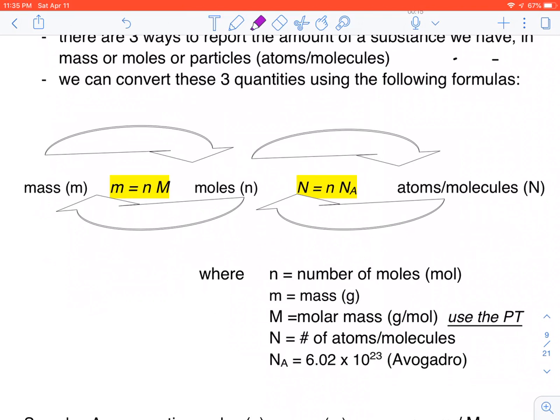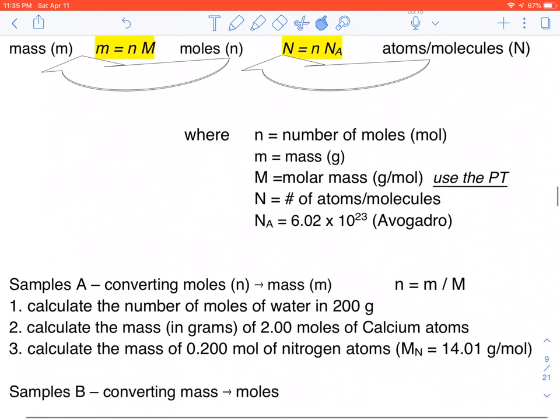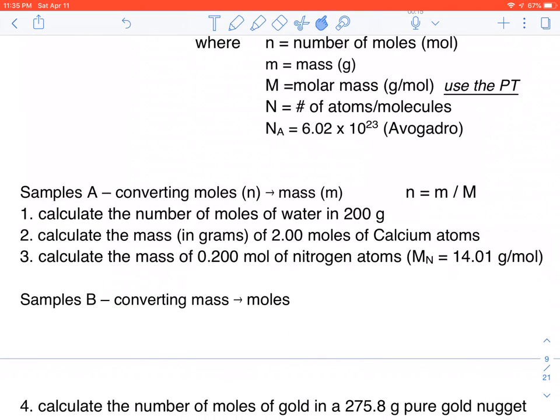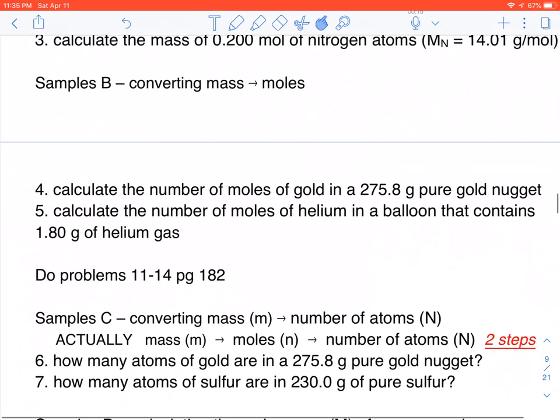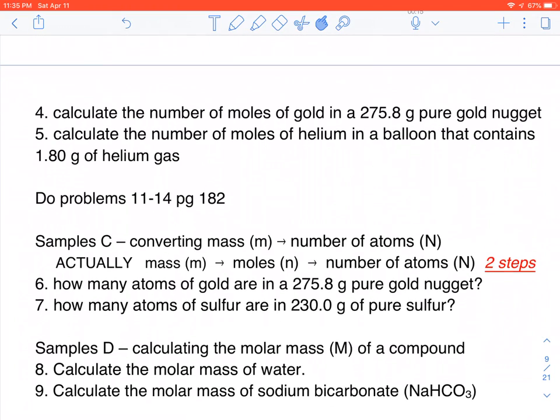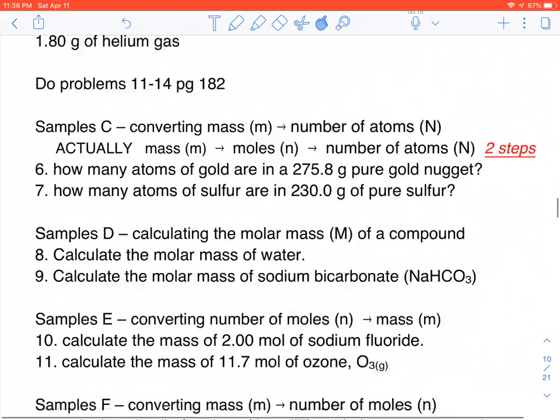Okay, so let's try a couple. Actually, I'm going to jump all the way down. I'm going to do the sample problem, which is on page 184.